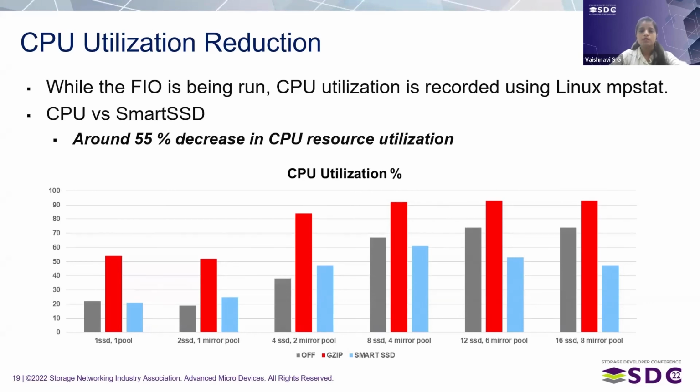We can see that almost 90% of the CPU resources are being used with more pools. We can observe close to 55% decrease in CPU utilization in case of offload. It's even lesser than the case where compression is off, and that's because we have also offloaded the checksum computation. The value proposition is more visible as the number of pools increase.